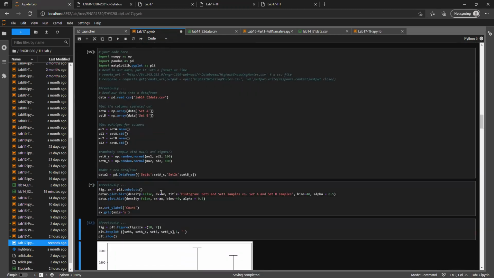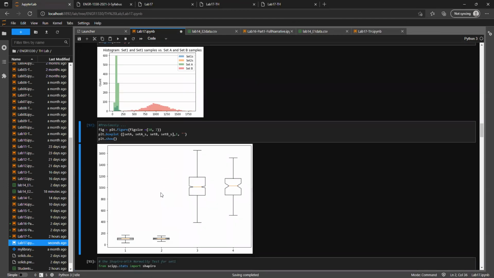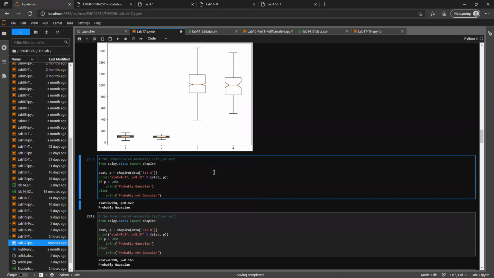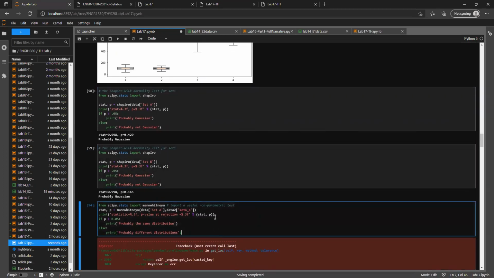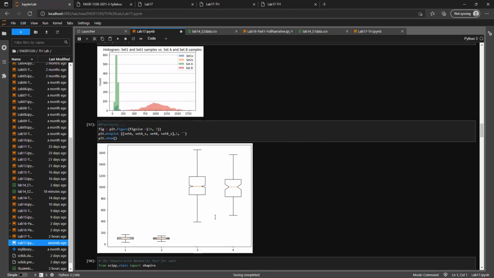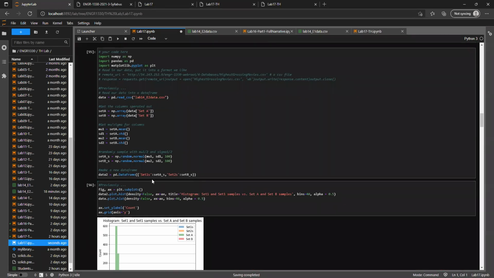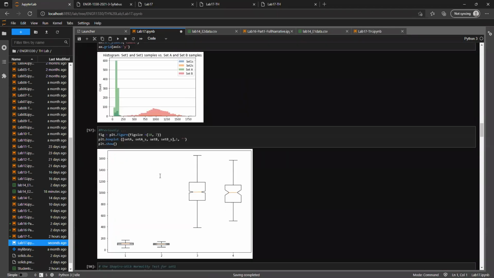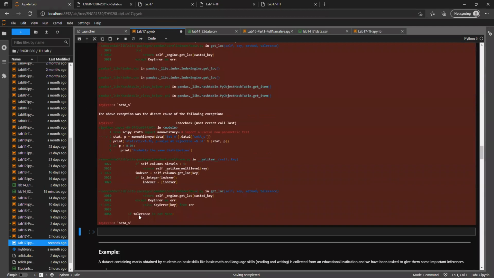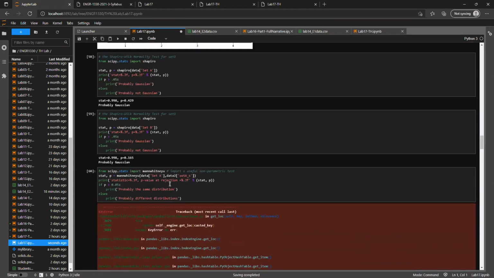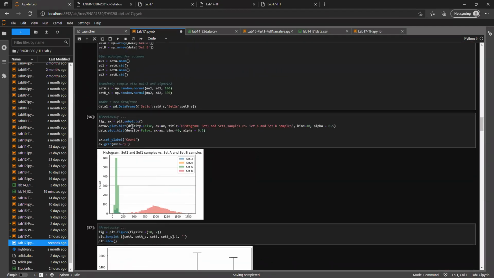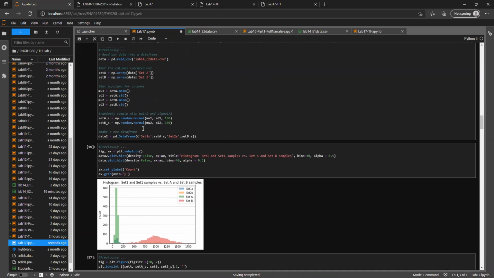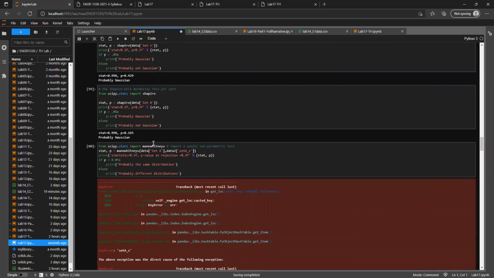Oh, I don't think I reran the. I am missing something somewhere. The error is saying set A underscore S is not, oh, is it capitalized? No, there's just no underscore, right?